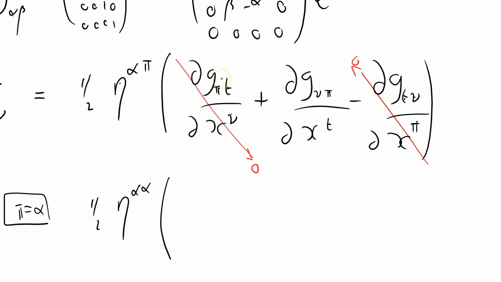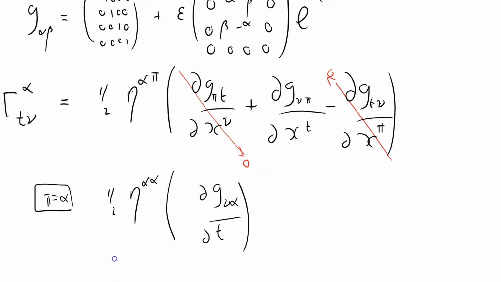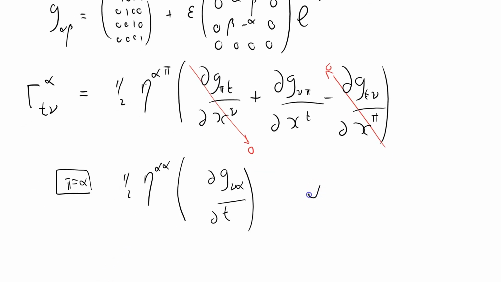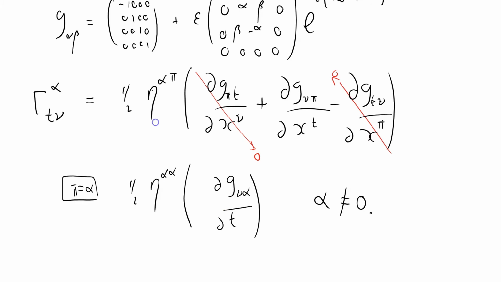This first term and this third term have dropped out, so we've got ∂g_{να}/∂t. That's right, isn't it? And we know that alpha cannot be equal to 0, because if alpha equals 0, we've got a 0 term here. Oh, well, that's quite nice, isn't it?